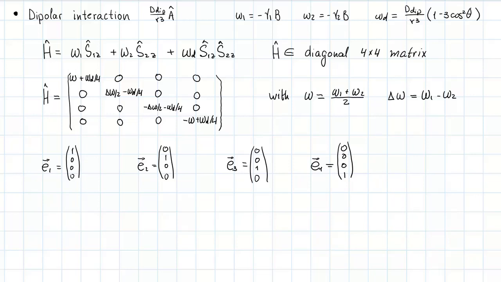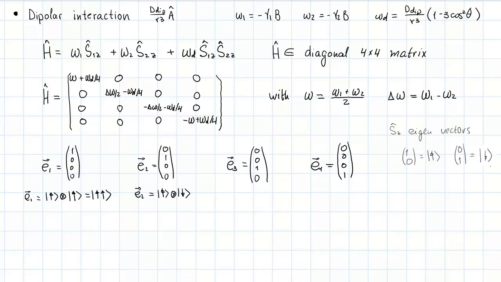If we remind ourselves that the eigenvectors of the spin-1/2 z projection operator are 1, 0 and 0, 1, sometimes called spin up and spin down, then the eigenvectors of the H operator E1, E2, E3 and E4 can be expressed as the tensor products of spin up and spin down vectors. Hence, we have obtained 4 eigenvalues and 4 eigenvectors for the Hamilton operator H in a rather simple form.